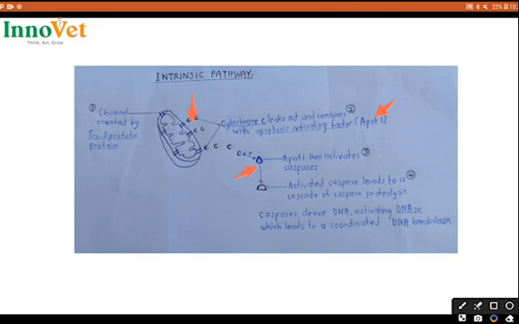So the activated caspase leads to a cascade of caspase proteolysis. The caspases cleave DNA or break it down, activating DNase enzyme, which leads to a coordinated DNA breakdown, hence apoptosis.